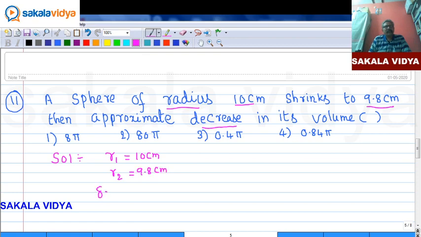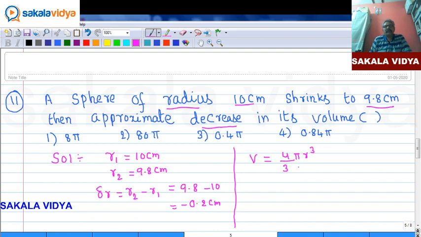Now error in radius delta R is equal to final minus initial, 9.8 minus 10, that will be minus 0.2 centimeter. The minus sign indicates decrease. Now the decrease in volume, what is the volume of a sphere? 4 by 3 pi r cube.